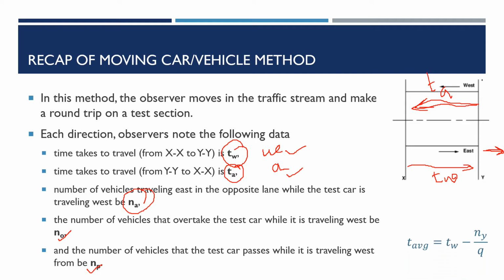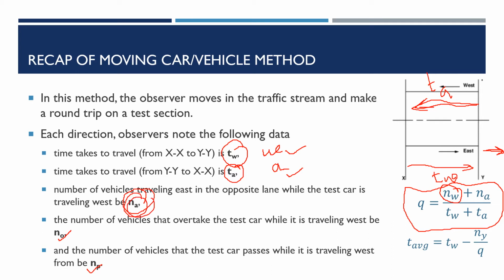And using this, one can calculate the average travel time as well as flow. The flow equation is given as Q equals NW plus NA divided by TW plus TA. This NW will be NO minus NP. You need to subtract the number of vehicles that have been overtaken by the test vehicle, because they would have been counted in NA.